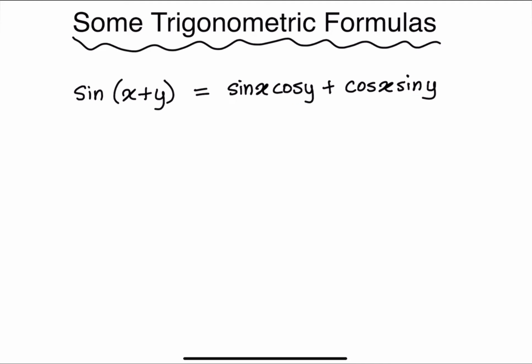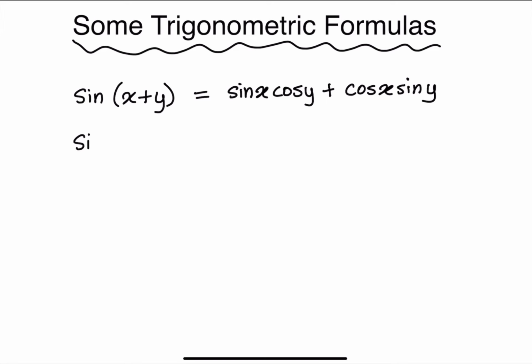So the next formula we're talking about is sine x minus y. So this gives us a result. Well, if you think about it, it's pretty much the same thing as sine x plus y. The only real difference is that the first one has a plus and the second one has a minus.